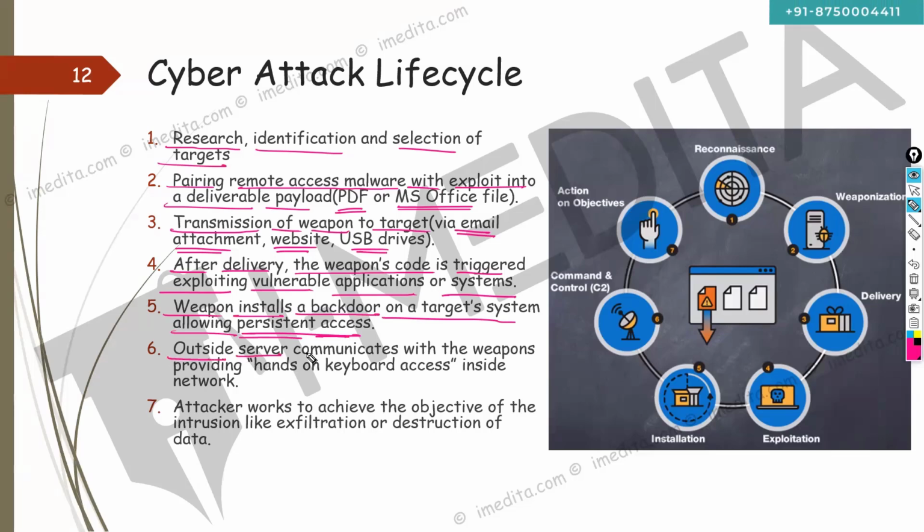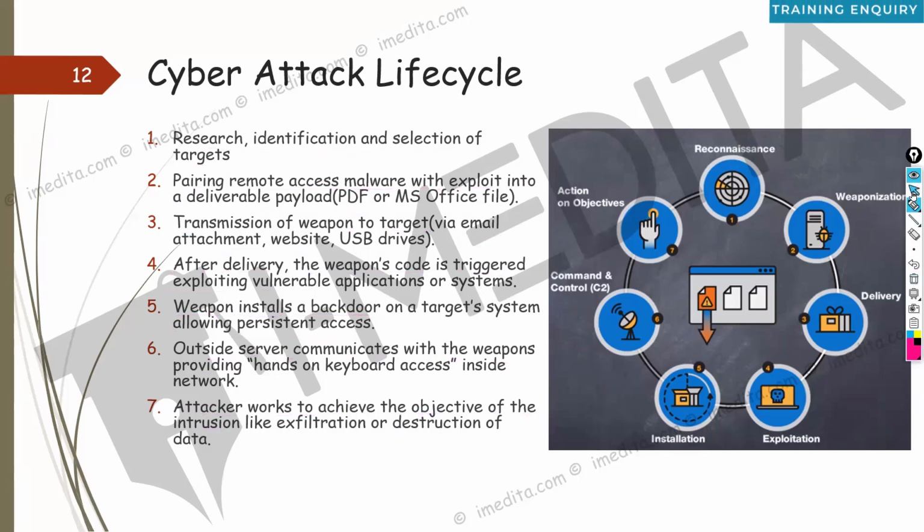Then the attacker can communicate with the weapon from an outside server to get hands-on keyboard access to the inside network. When the attacker's tool installs the backdoor application, the backdoor application will give access to the attacker. The attacker can do his or her task to achieve the objectives of intrusion, exfiltration or destruction of data. In this way, an attack is launched.